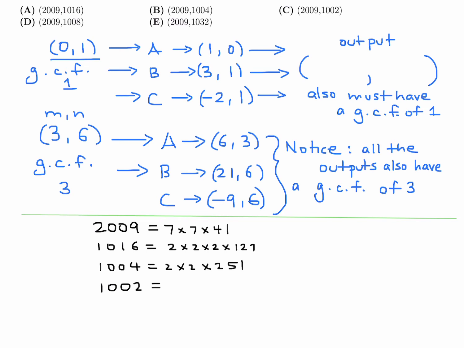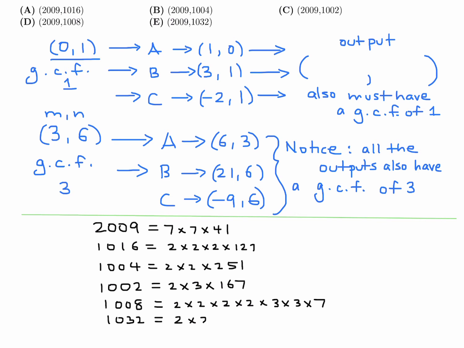1002 in the answer choices is 2 times 3 times 167. Then 1008 is 2 times 2 times 2 times 2 times 3 times 3 times 7. And the last one is 1032, which is 2 times 2 times 2 times 3 times 43.